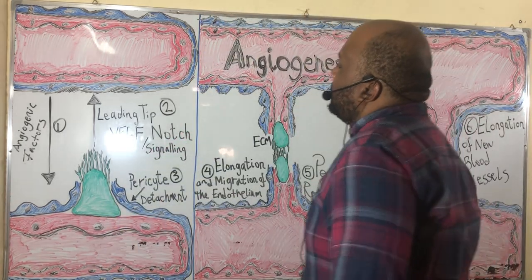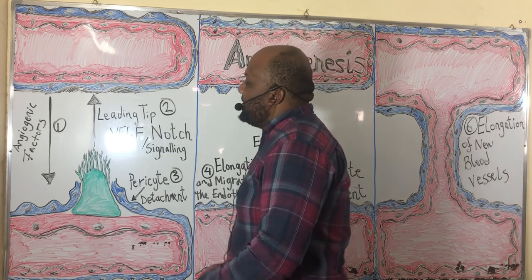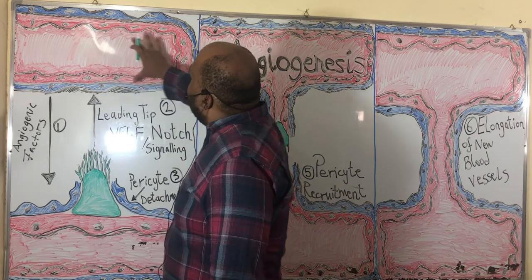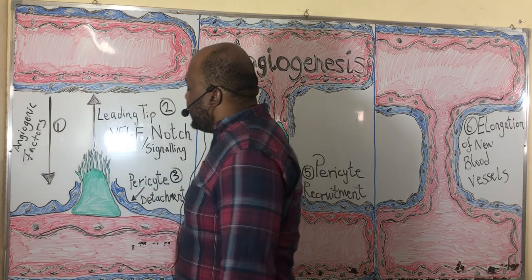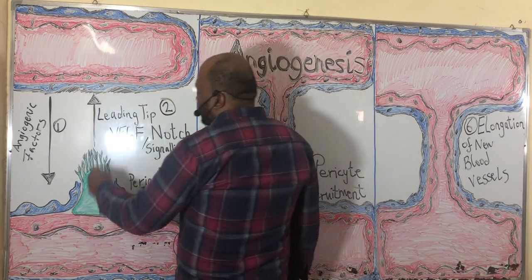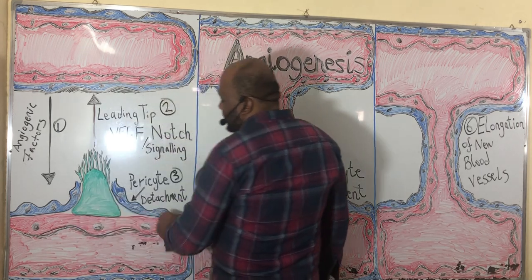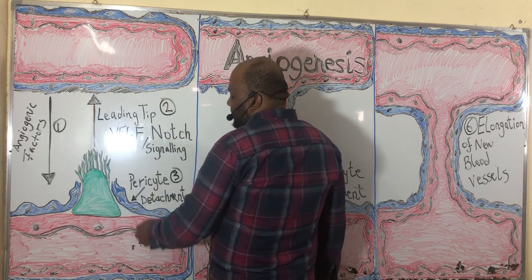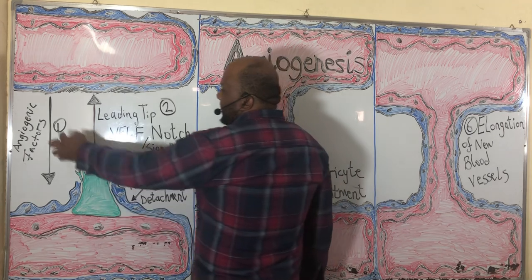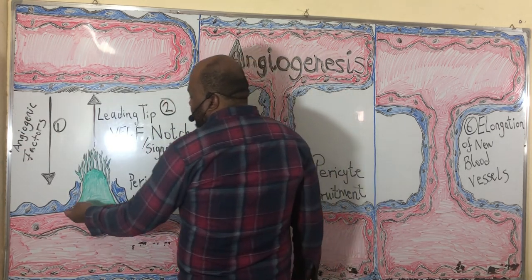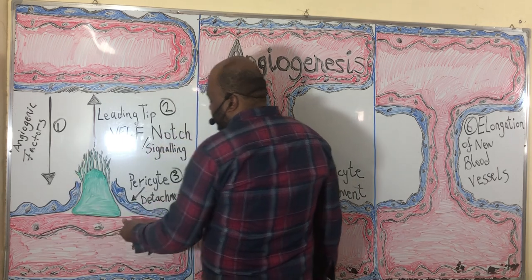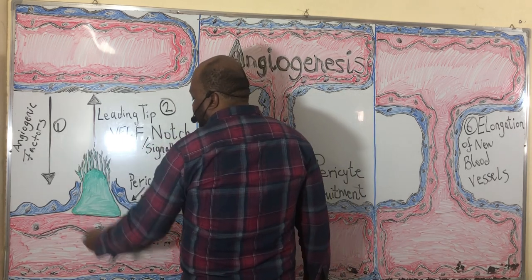So what is believed to happen is that a blood vessel would send angiogenic factors. First of all, what we have in blue are the pericytes. The first step is the release of angiogenic factors, which cause a detachment between the pericytes.